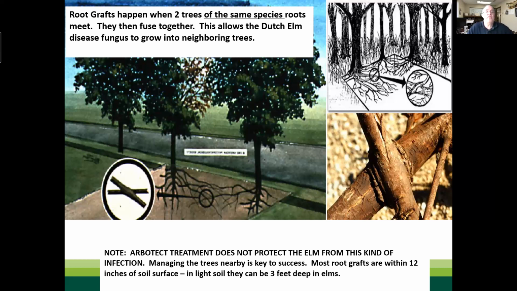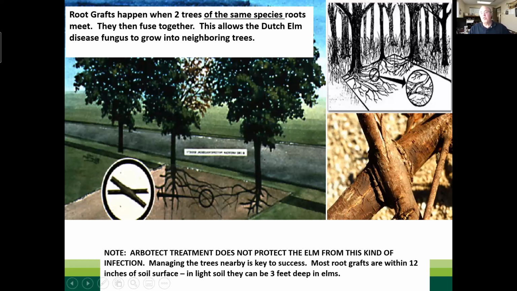At least we haven't found anything. And Dutch elm is a very different disease than oak wilt, so you can't compare the two. If you get root grafts and you have a tree you've been protecting, and there's another one that's not protected, you have to take that into account, because if that gets it and it's root grafted and it goes into the tree, your treated tree will still die.